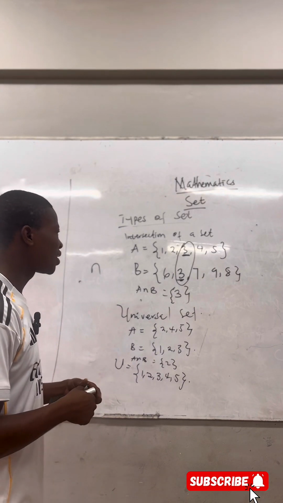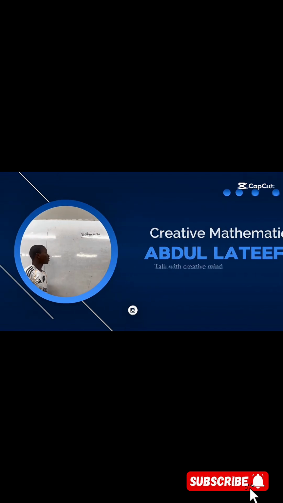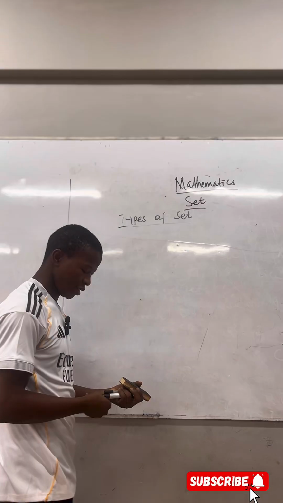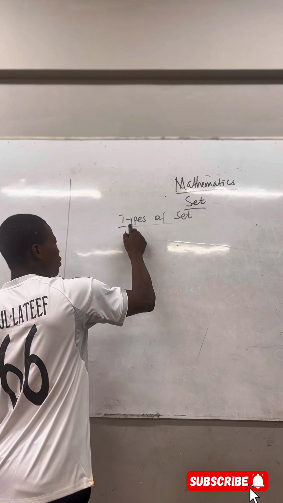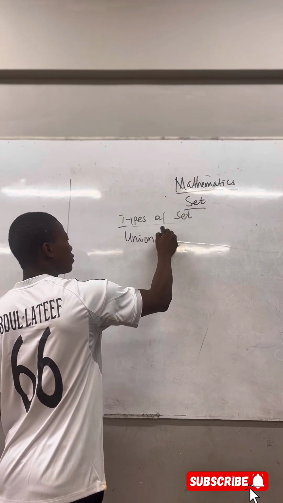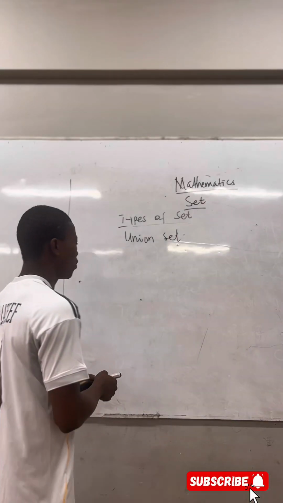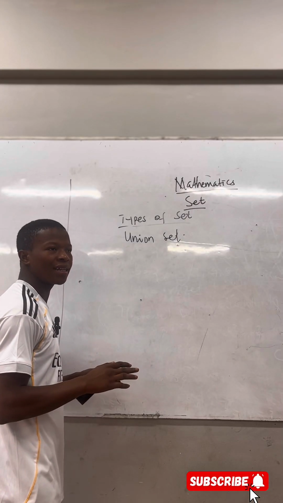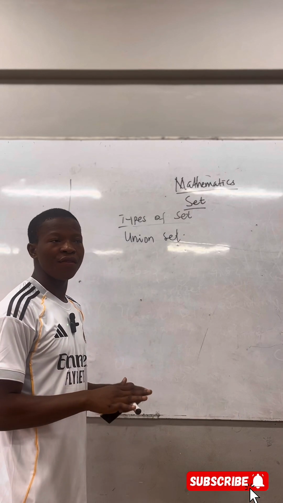Now, let's also look at the union. So if we are having the union set, now union and universal are more or less the same. They are very, very similar.